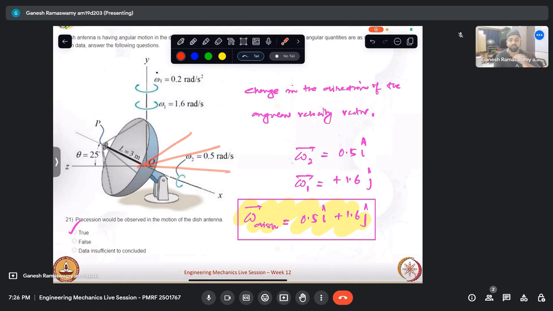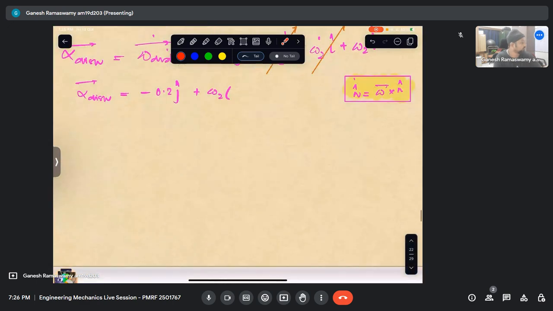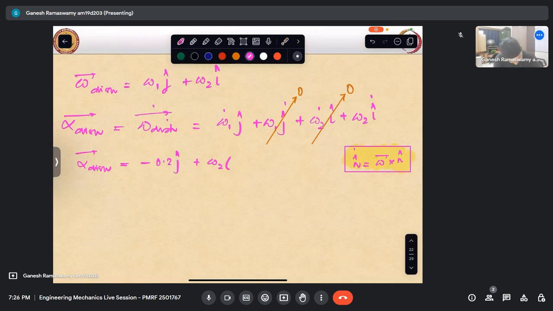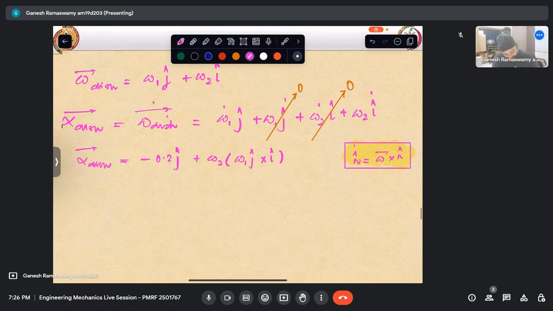That gives me omega 1 J cross I. Now it is just a matter of substitution.